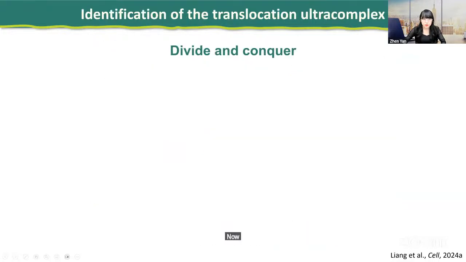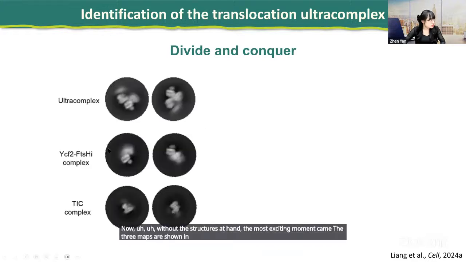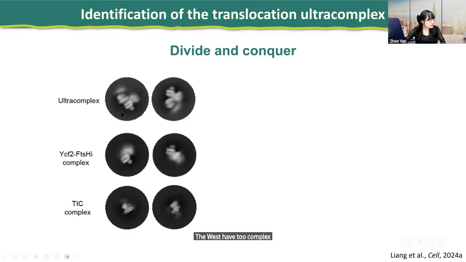Now, with all the structures at hand, the most exciting moment came. The 3 maps are shown in 2 views. As you can see here, the YSF2 complex is very like this part of the ultra complex, and this TIC complex is very like this part of the ultra complex.